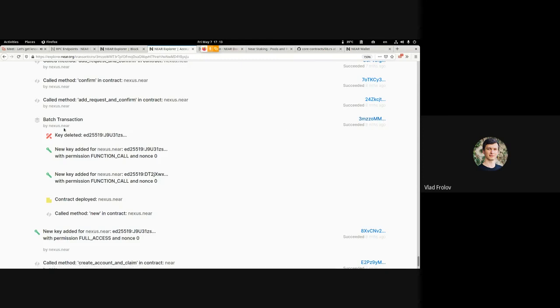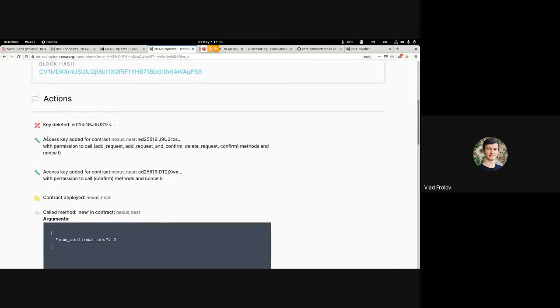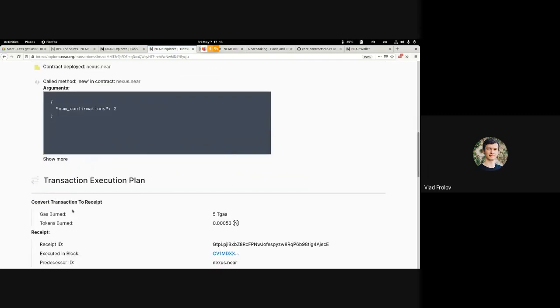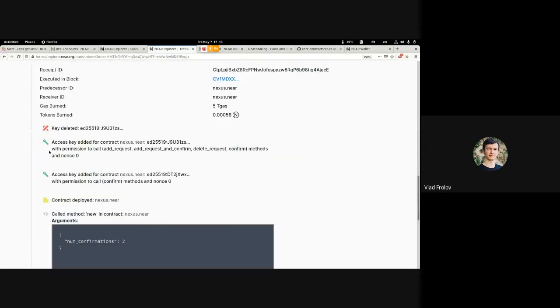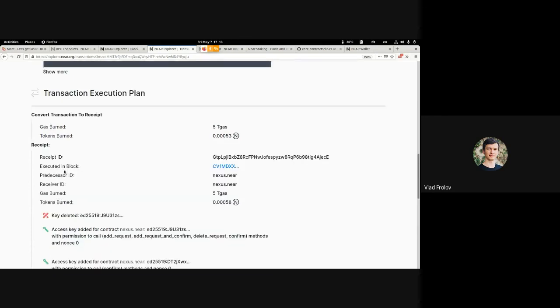It's an interesting transaction. As you can see, there are 5 actions in the single transaction. It gets converted from transaction to receipt.